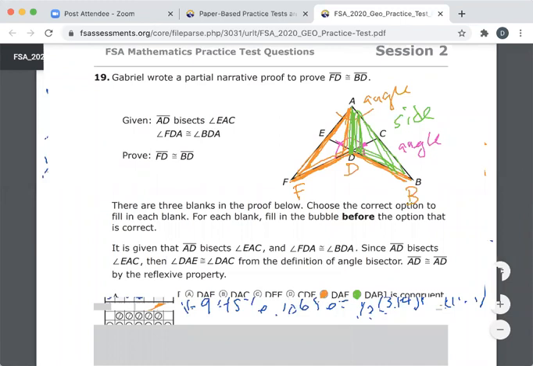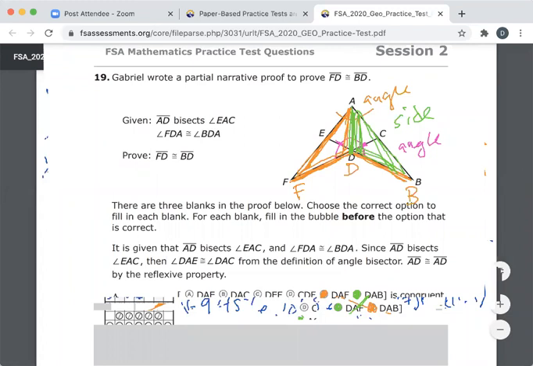So I'm just color coordinating like these. These could be answered either way. You just have to make sure these two go together and these two go together. Either way would be correct. And then we know that because of angle, side, angle. So that's ASA. So that would be the answer. Therefore, the two sides are congruent.